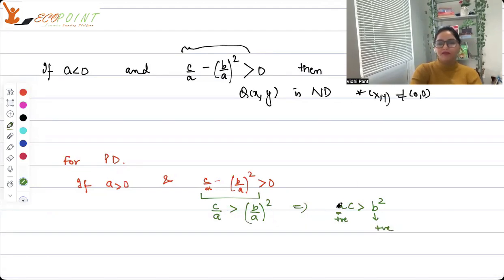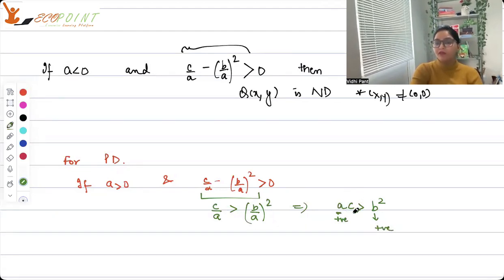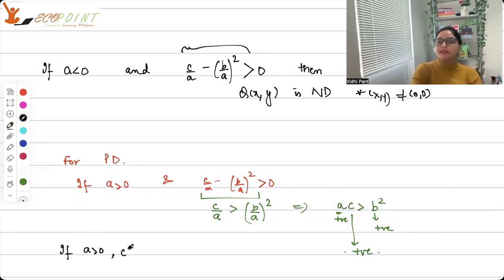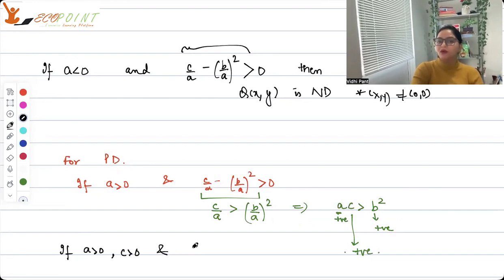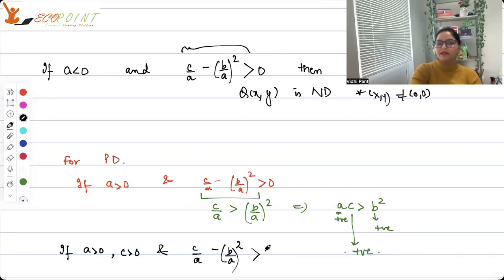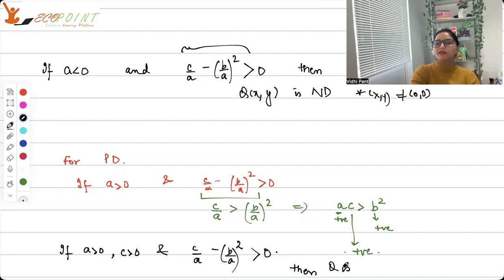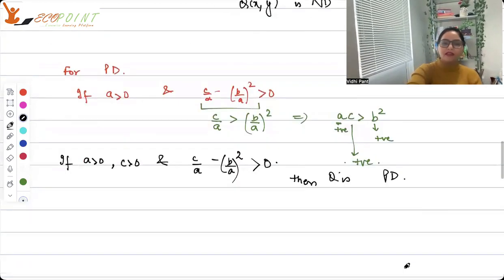What do you think will have to be c? c will have to be positive only, because if this product has to be more than a positive number, c will have to be positive. So in turn you also get finally that if a is greater than 0, c automatically greater than 0 along with c by a minus (b by a) square strictly greater than 0, then Q is positive definite.